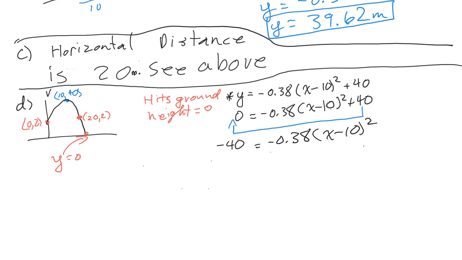Now, since I have that, we have to divide both sides by negative 0.38. And the reason why we're doing that is because it's the last multiplication outside the bracket.